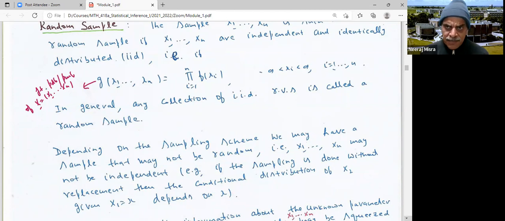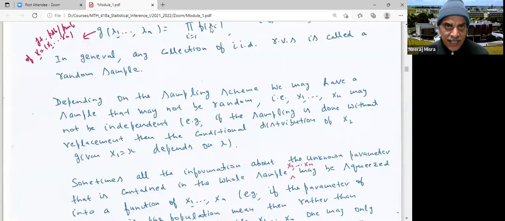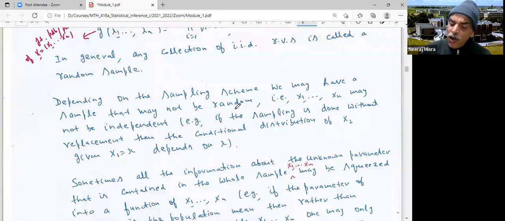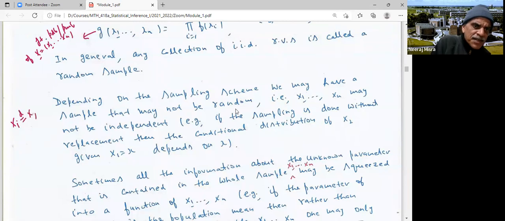Now note that in practice, we may not always have random samples. Depending on the sampling scheme, we may have a sample that may not be random. You see, each of x1, x2, xn would have the same distribution because they are coming from the same population. So this condition would always be satisfied, that each xi has the same distribution as x, i equal to 1 to n.